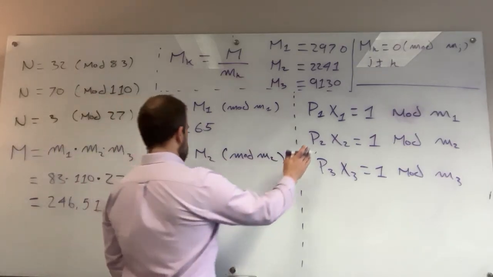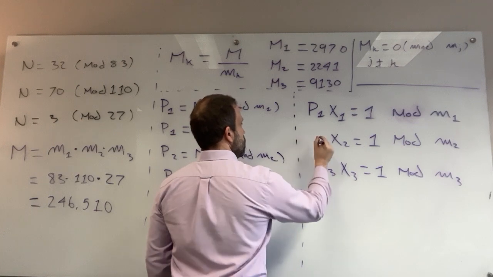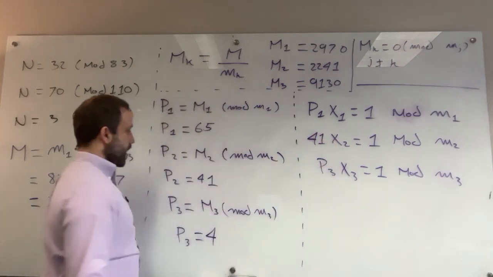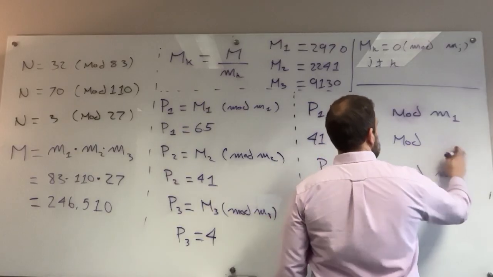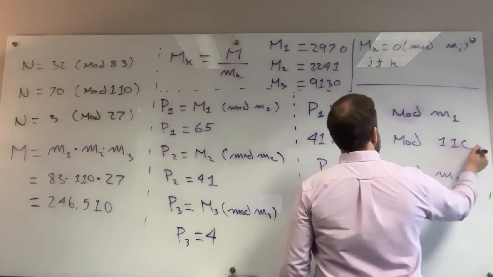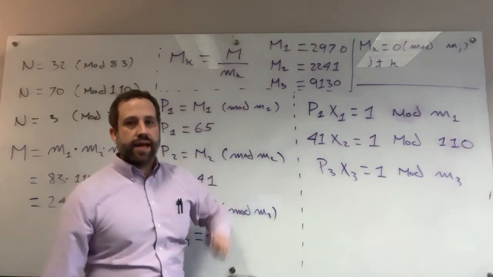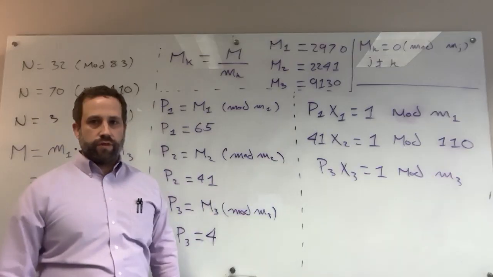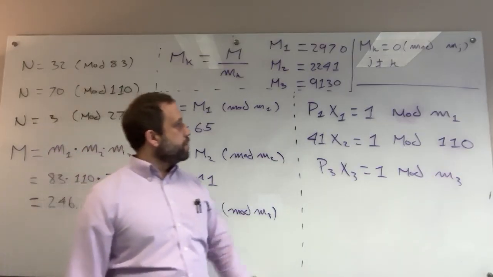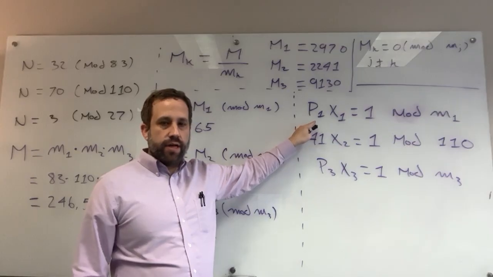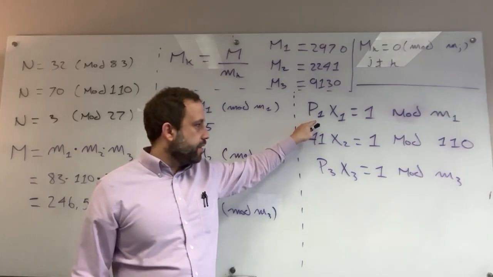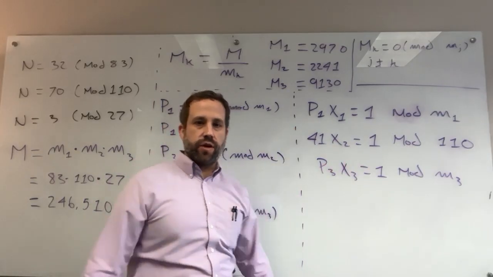P2 is equal to 41 and little m2 is equal to 110. In one of the previous videos, I solved this exact example to get that little x2 is equal to 51. In the book, it solves this equation right here to get that little x1 is equal to 23. And then you can do it on your own to get that little x3 is equal to 7.